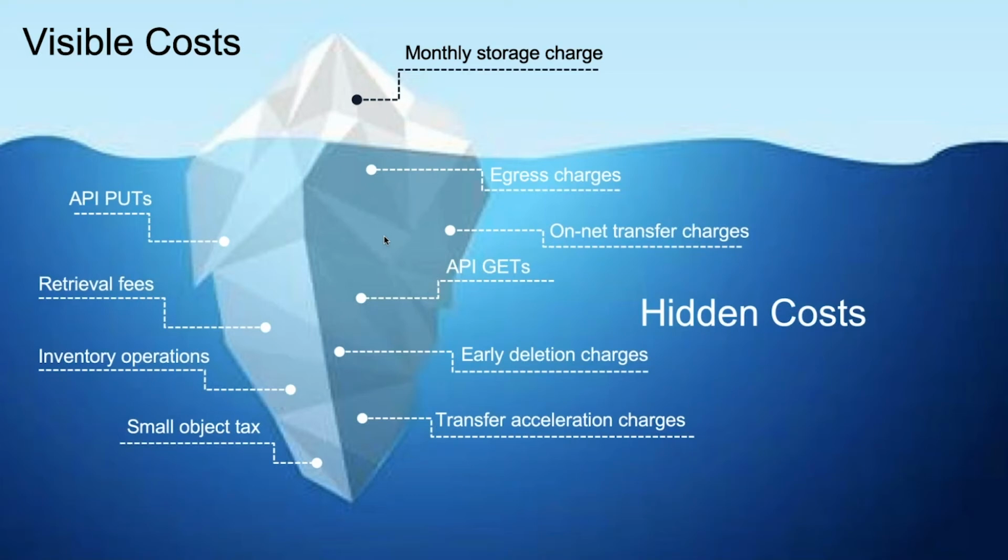So you can see how it's important to know the number of objects you have or plan to store, because it's going to affect your budget. You need to know the total amount of storage you consume. That's, of course, your monthly raw storage charge. That's the part of the iceberg that's above the water. But do you know how much data you download each month?